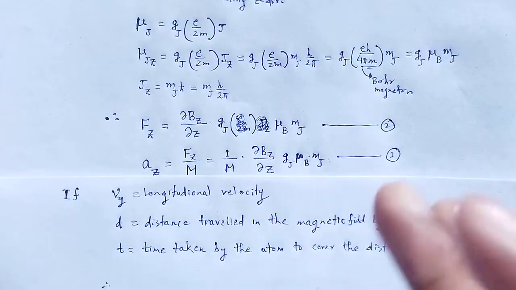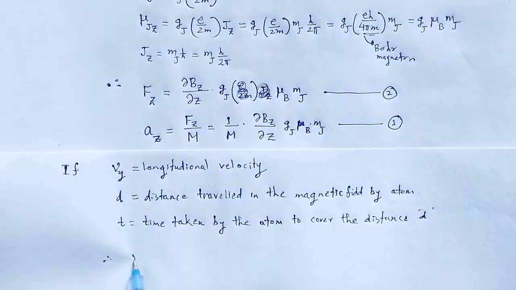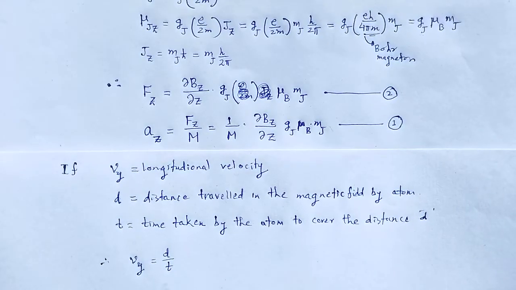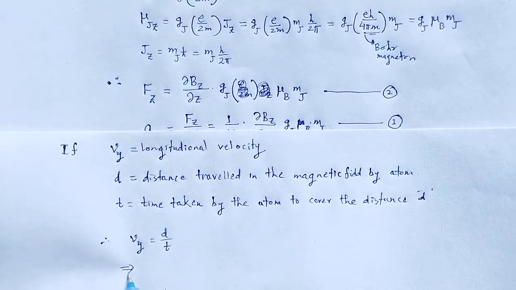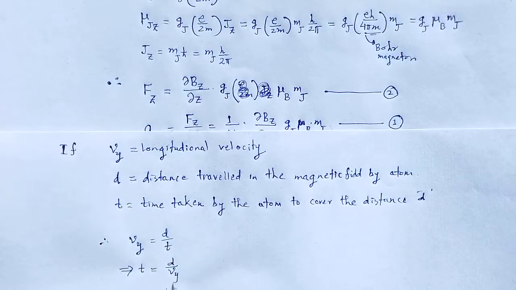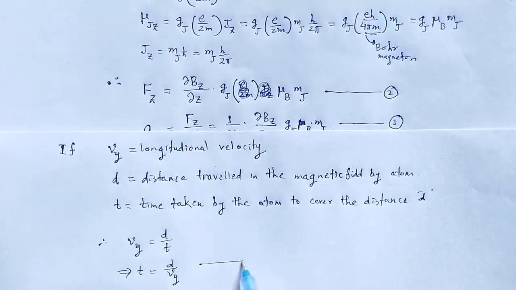So the velocity Vy is equal to distance by time, which implies the time taken will be d by Vy. That is equation number 4.